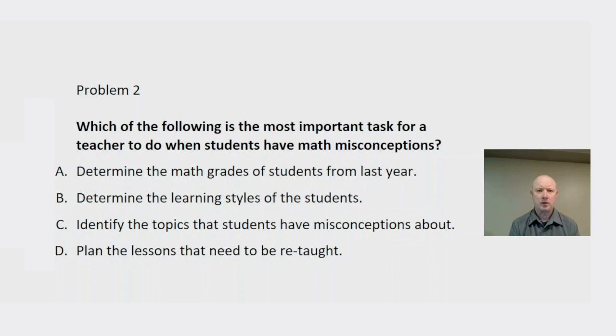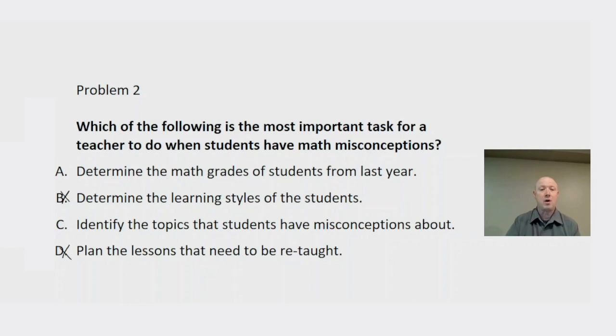All right, so when we look for the most important task, I see in choice B, determine the learning style of the students. That would be how you're going to reteach it once you learn the misconception, so it might not be the most important task. Same thing for choice D, plan the lessons that need to be retaught.